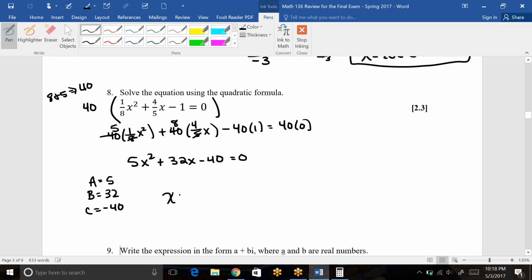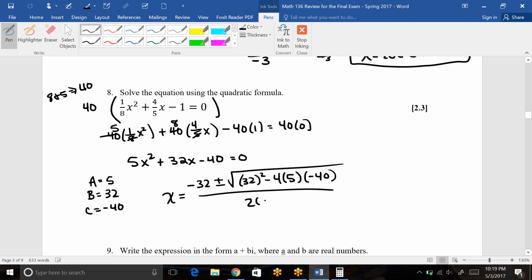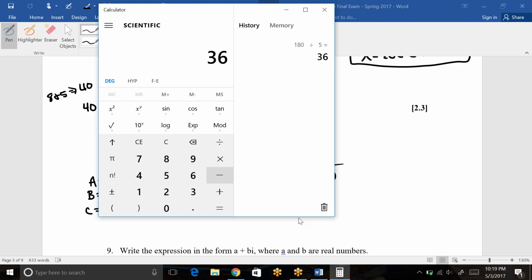So we do our quadratic formula, x equals negative b plus or minus square root b squared minus 4ac all over 2a. So let's work out the inside of that radical. So 32 squared is 1,024.